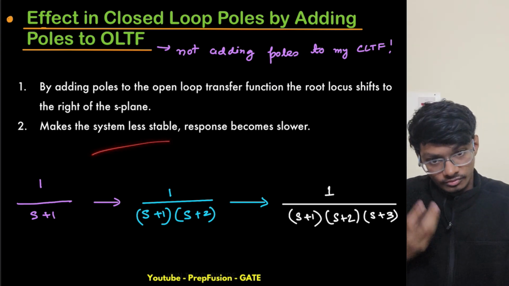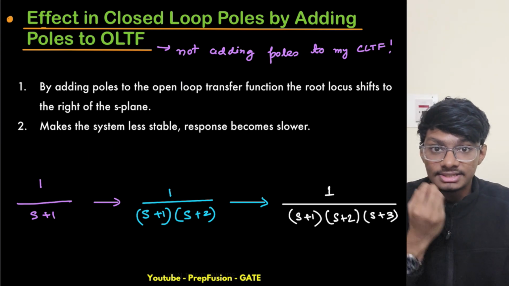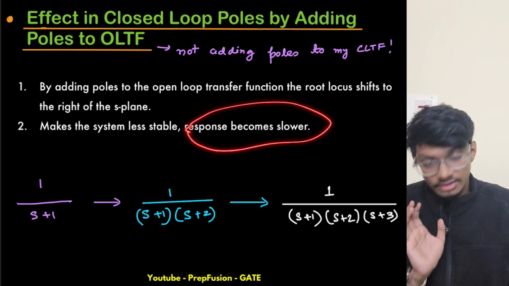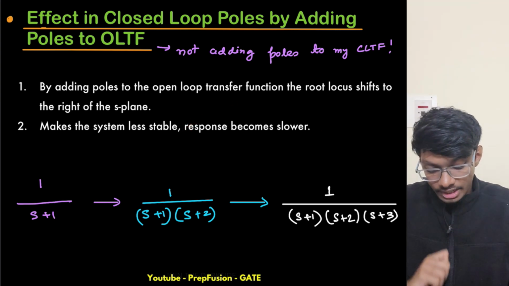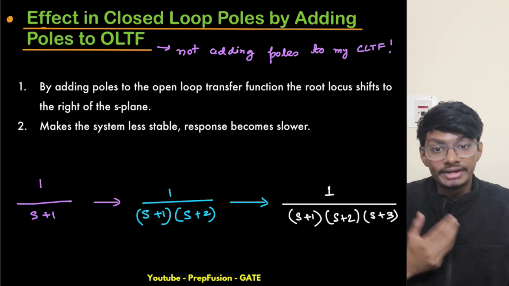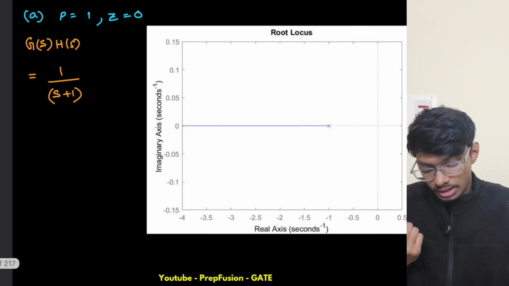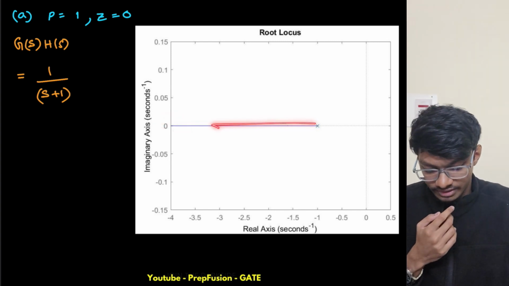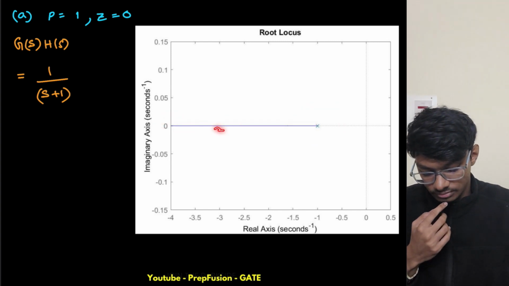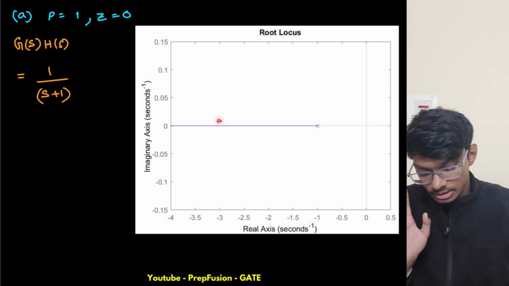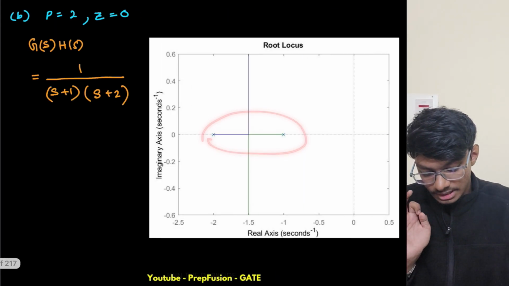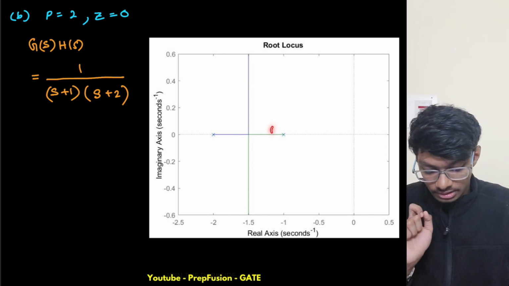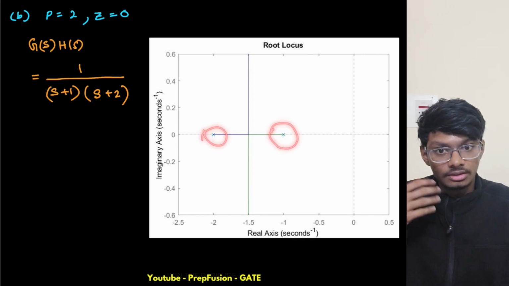Now, this means it makes my system less stable. It also makes my response slower. Why does my response become slower? Here I have only one pole, so it is fine. Due to the dominant pole effect, one pole will be dominant and the other will not be dominant.